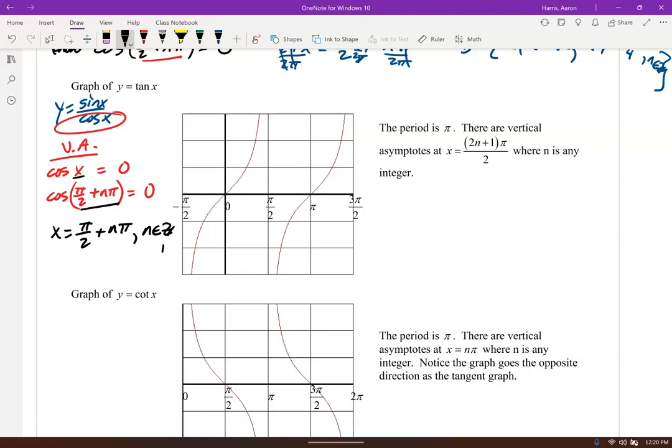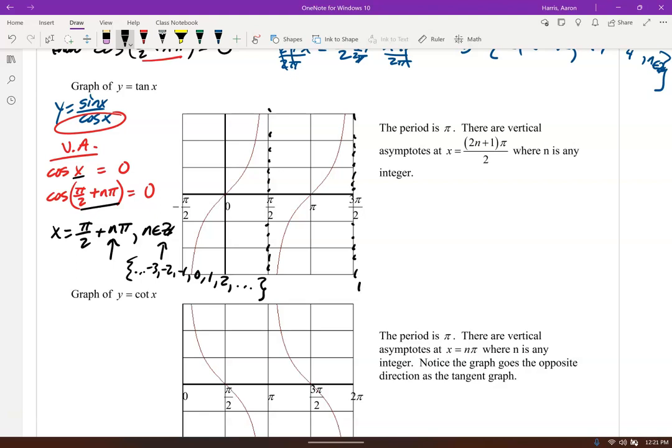So integers meaning counting numbers, 0 and the negatives, right? That'll take care of all of them. So for example, if n is 0, I have pi halves plus 0, so x being pi halves. There's our first vertical asymptote where the tangent's undefined. If n is 1, I've got pi halves plus pi, so pi halves plus 2 pi over 2, which is 3 pi over 2.